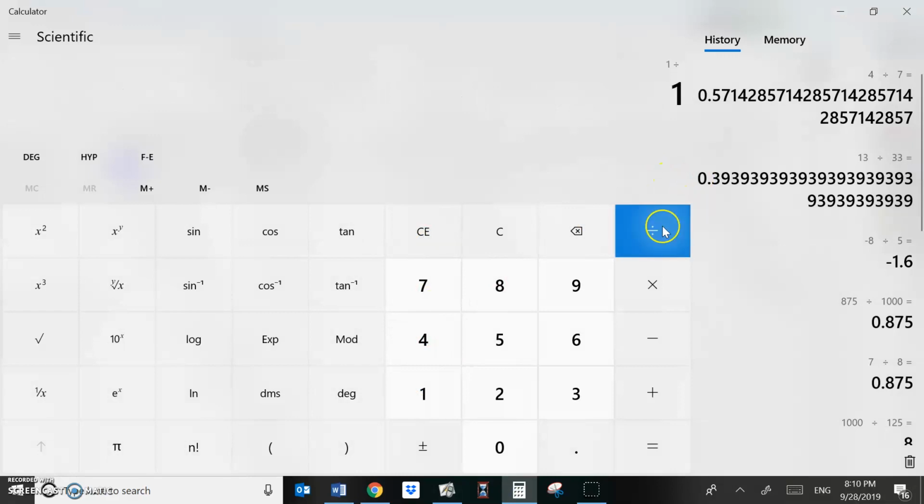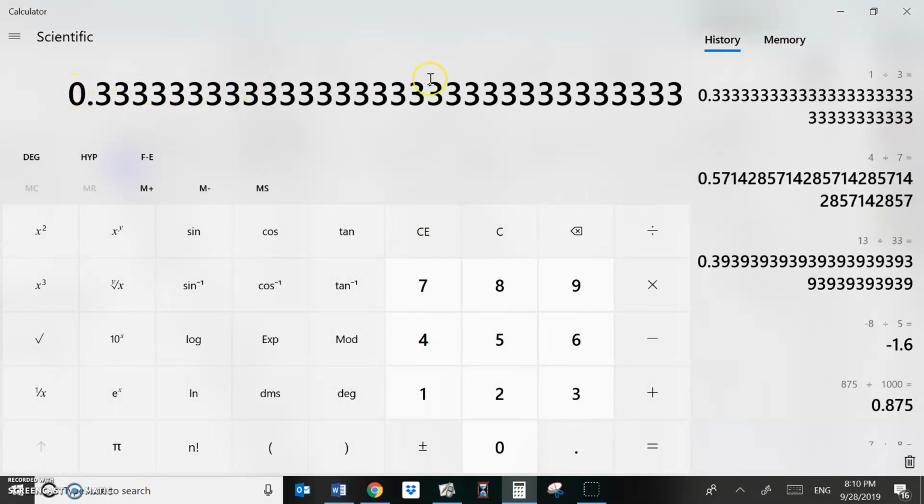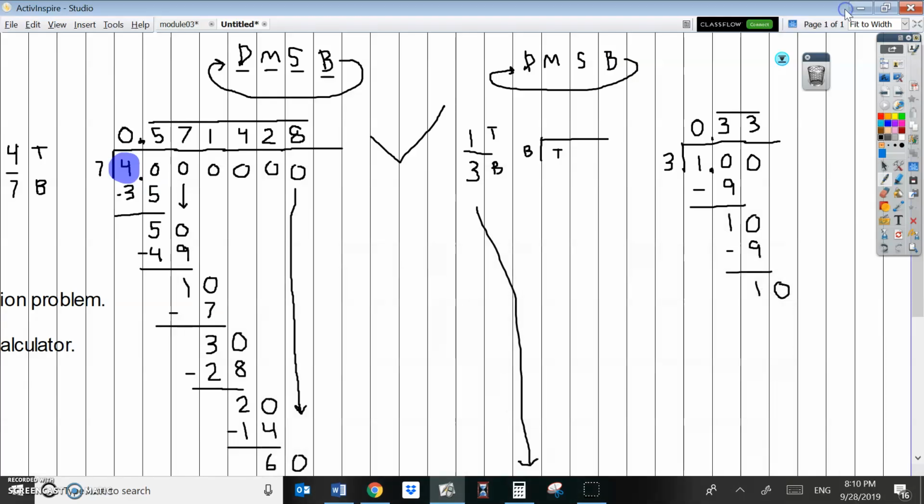1 divided by 3 equals 0.33333. Does it stop here? No, my calculator just runs out of room. So that's 0.3 repeating. You know, 0.3 repeating is the same as 0.33 repeating.